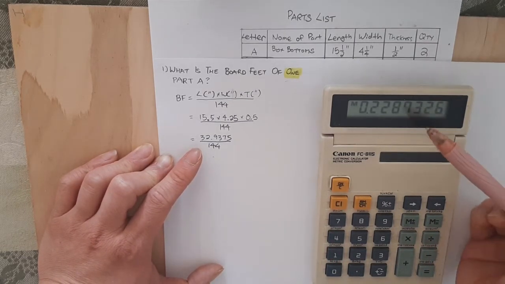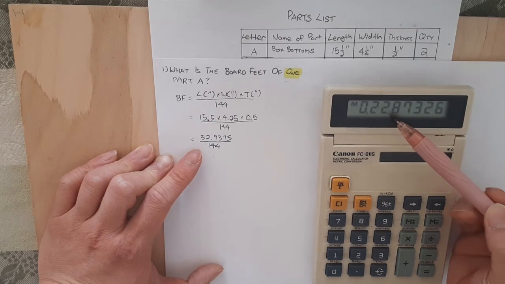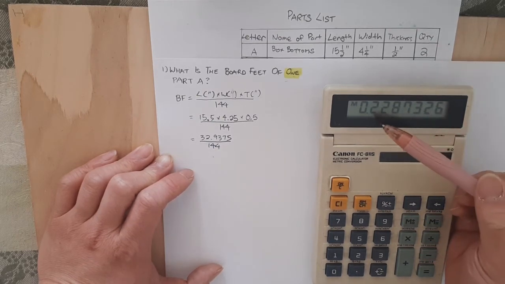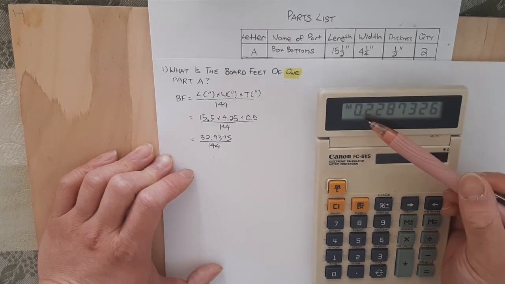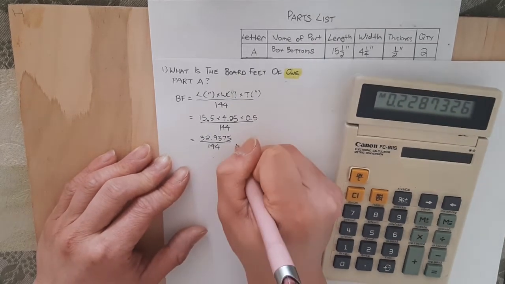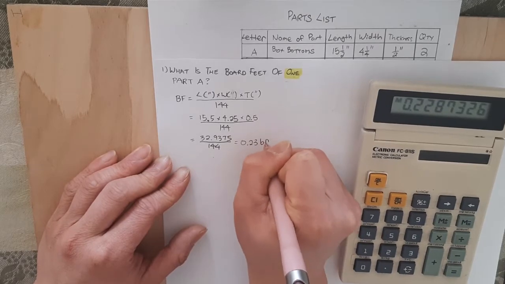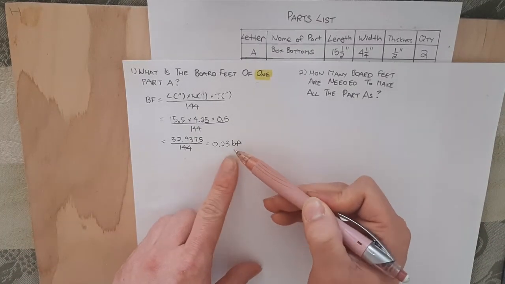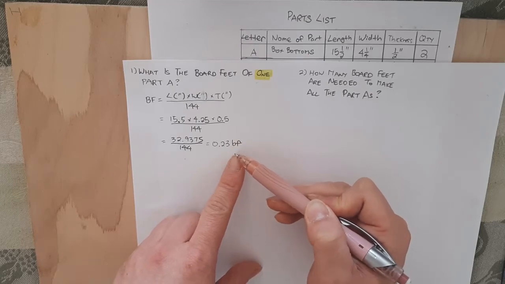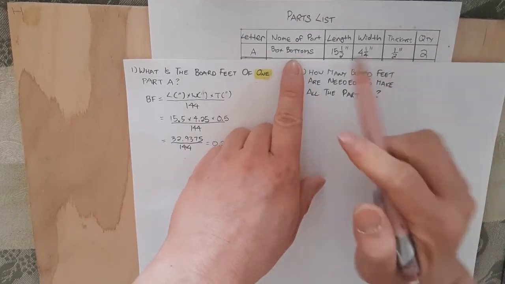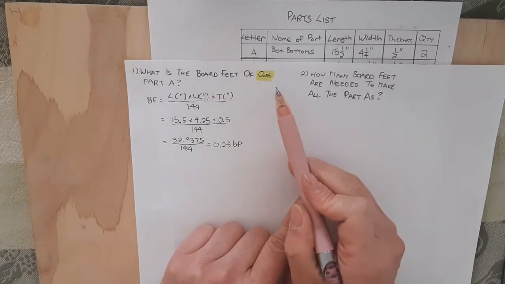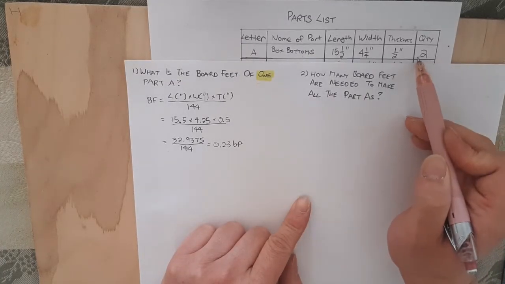And that gives me 0.28 board feet. So I'm just going to round that up, and I'm going to call that 0.23. Now remember, our figure here, 0.23 board feet, only calculates one of the box bottoms, or one of the part A's. And so as a result, we need 2 of them.